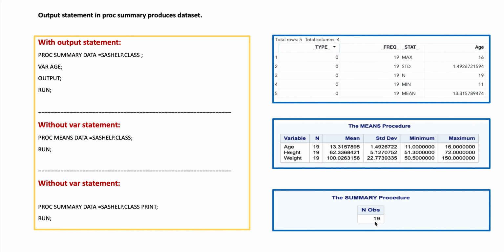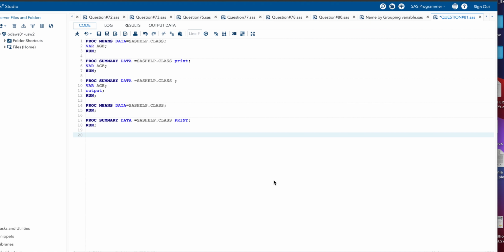Similarly, when we run this code in a real SAS window, it will generate exactly the same results as I explained. Let me go through the SAS window and run this program. This is the SAS window. It has 5 different programs as we explained before. First one is proc means with var statement. Second one is proc summary with print option and var statement.